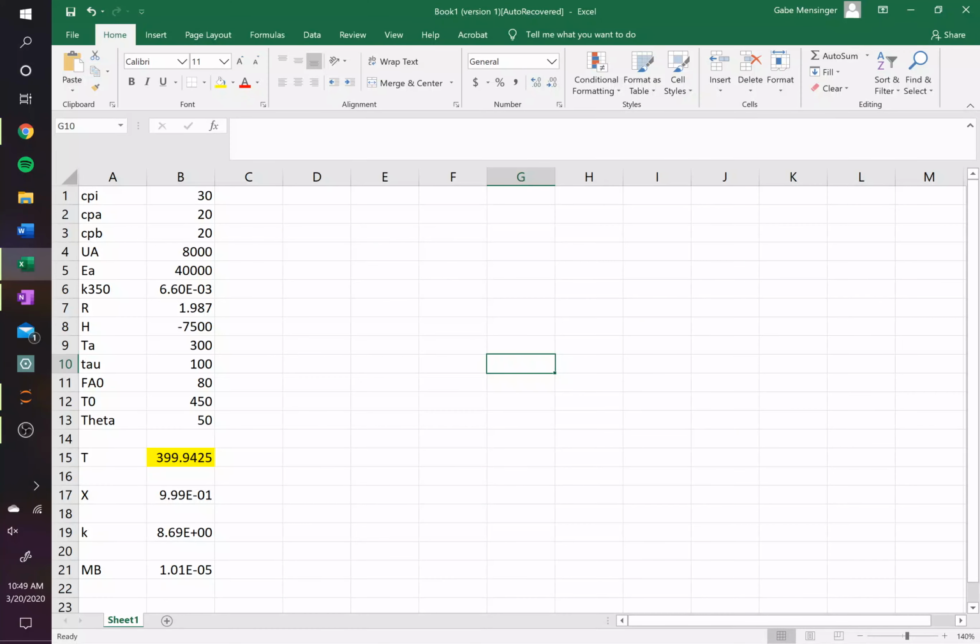And I'll show you guys how I did it. So we're going to have temperatures, and I increment by 25. I think you'll be able to see what you need to see doing it this way. 25, 450, and you don't need to go higher than 450. 450 is perfectly fine.